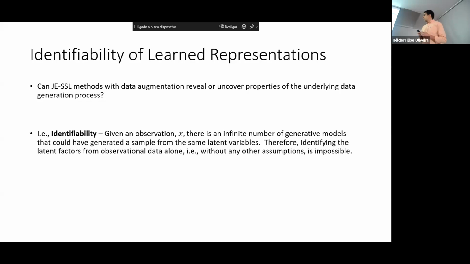Given an observation, there is an infinite number of generative models that could have generated our observation from the same latent variables. So without any assumptions, it becomes impossible to identify the latent variables. So in this work, we make a set of assumptions and then try to understand if we can achieve identifiability.